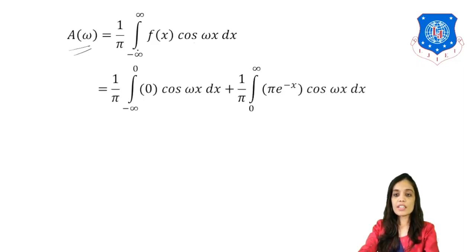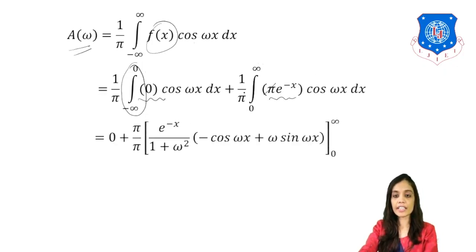Now we have to split this integration in two parts because our function is given in parts, so we will split it into minus infinity to 0 and 0 to infinity. But in the first interval our function is 0, so we only have to substitute the value of f(x) in 0 to infinity, and that is π e^(-x).